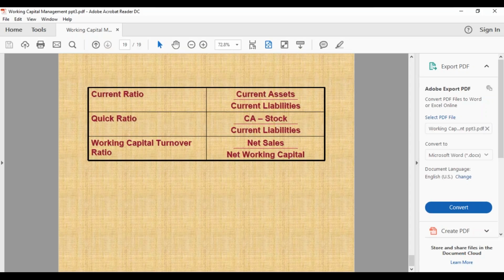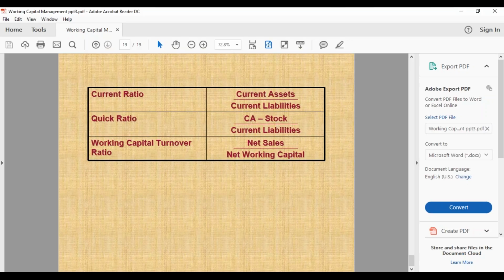Sir, I am able to see the slide you were teaching, the formulas, current ratio, current assets upon current liabilities. Yeah, those formulas are not applied here. Here you are just talking about current assets and current liabilities. We are not talking about any ratios here.